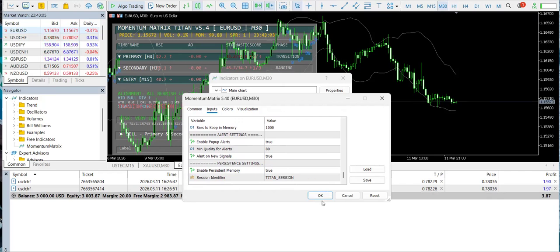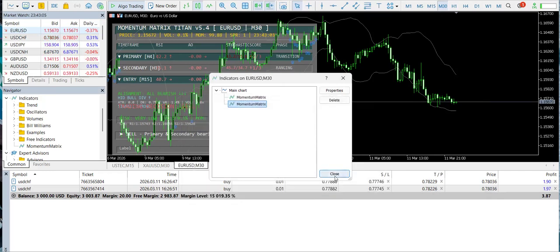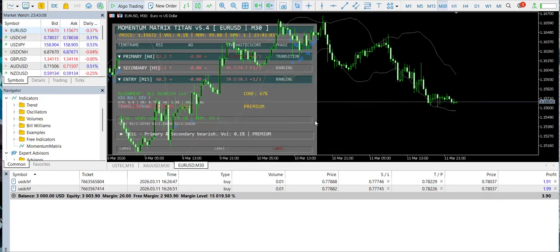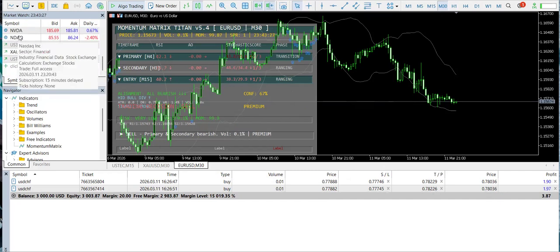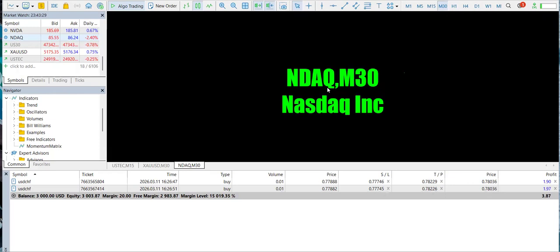So that is how you use this indicator. For those of you who get this indicator, you also have to reach out and get your manual on how to use it. It is as simple as that. You can use it on currencies, on gold, and even on NASDAQ.